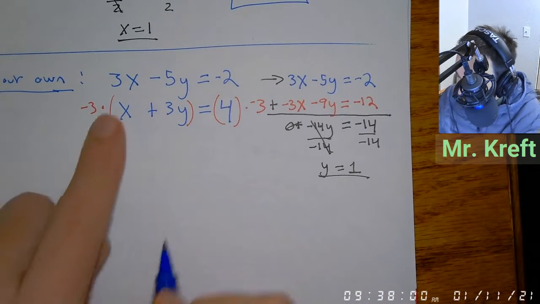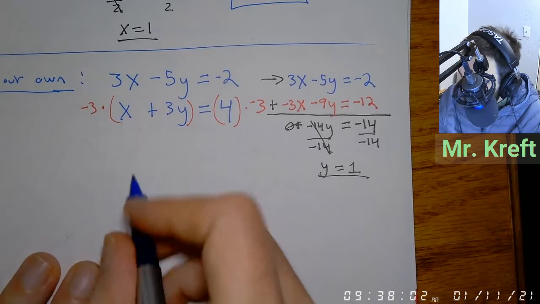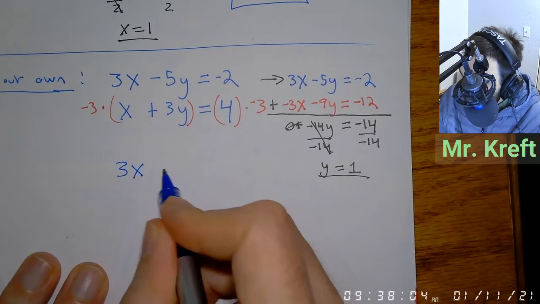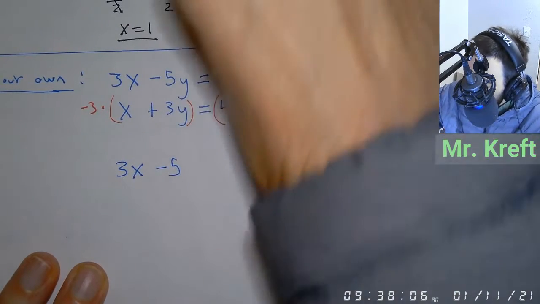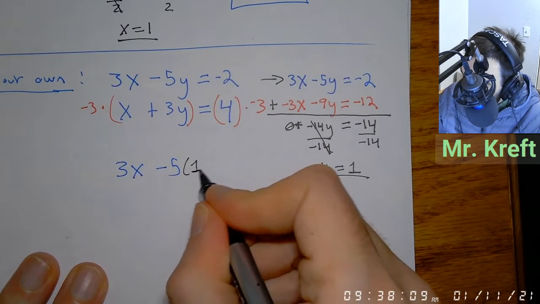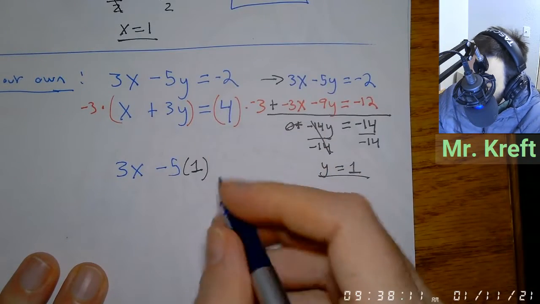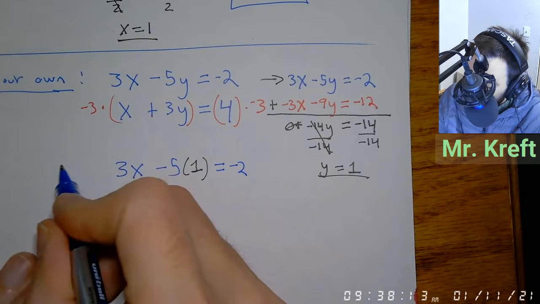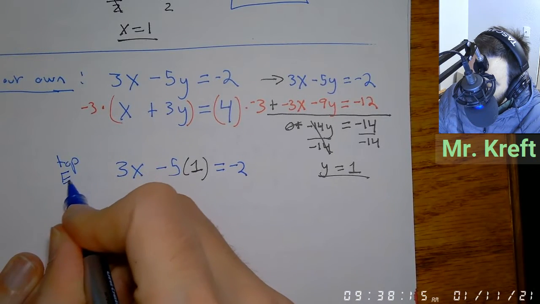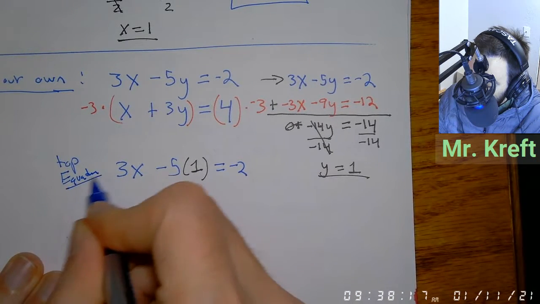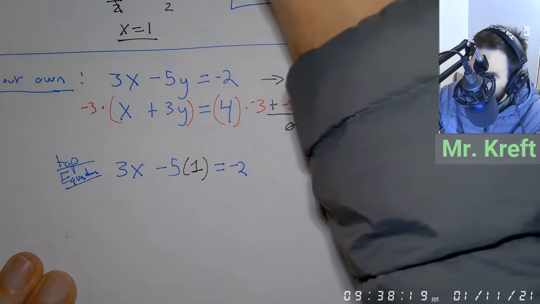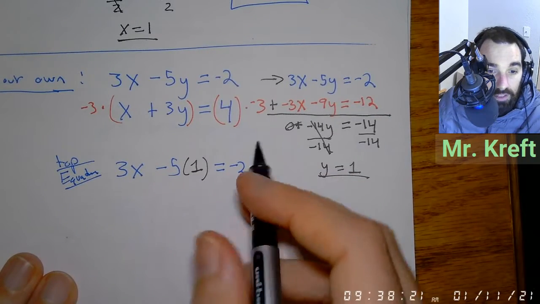So I'm going to take this, and I'm going to plug it back into my top equation. So my top equation is 3x minus 5. So everywhere I see a y, I'm going to replace it with 1 because that's what we solved for. Right? So this is my top equation. So I'm going to go ahead and solve this now.